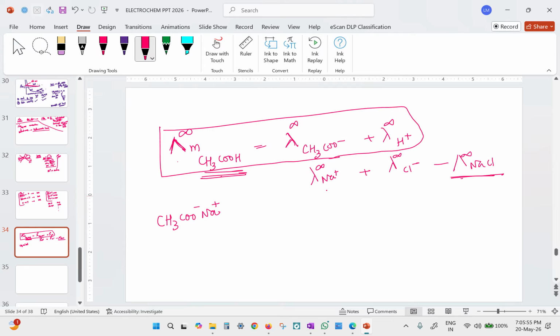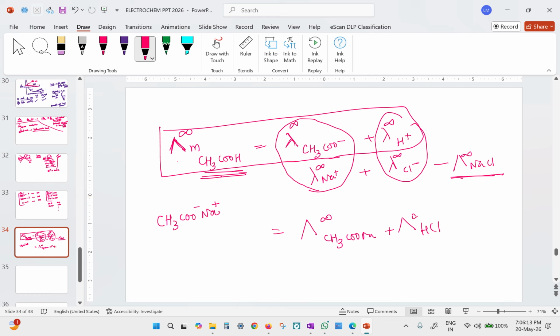But with this NaCl, you can get the sodium ions' mobility. You can combine these two, and you can say that it is the molar conductivity of CH3COONa at infinite dilution plus the molar conductivity of HCl minus the molar conductivity of NaCl. Now, all these three are strong electrolytes.